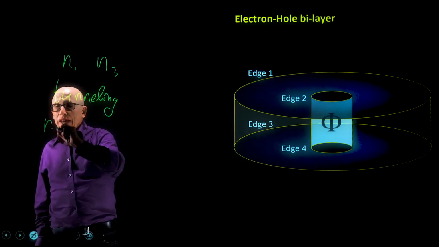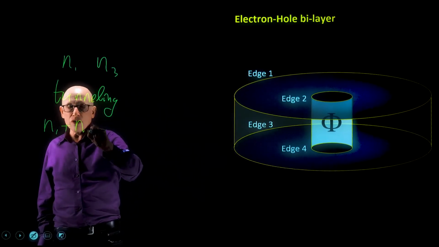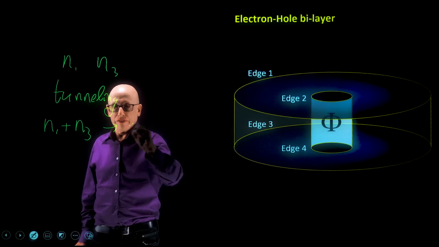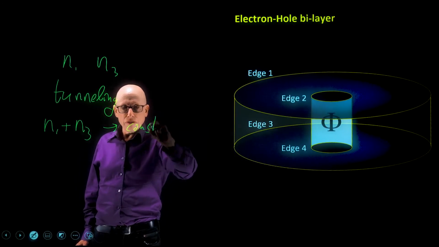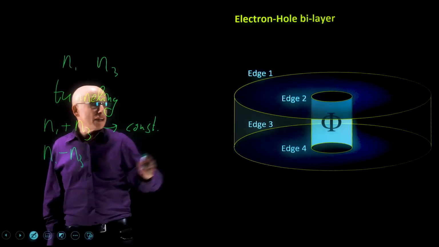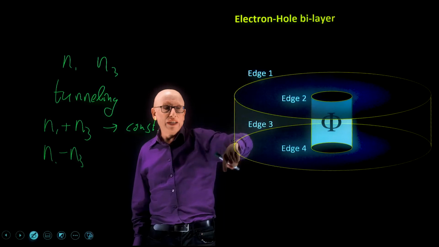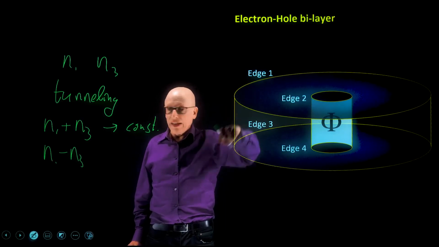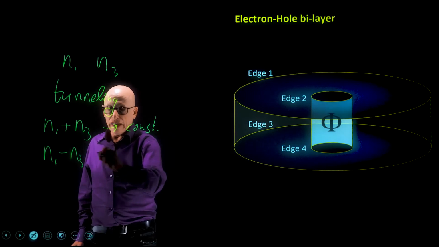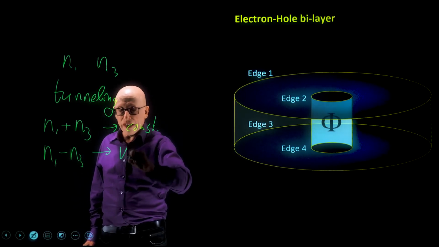So now n1 plus n3 is not affected by the tunneling, and it stays constant and well defined. But n1 minus n3 fluctuates because of the tunneling. Every tunneling electron changes this number. So n1 minus n3 fluctuates and is very undefined.